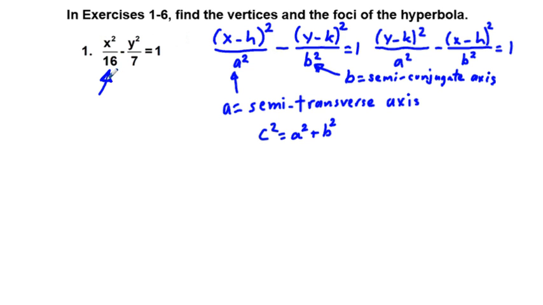And what that means for us is that we have a hyperbola that is centered at the origin. So in this case, our semi-transverse axis squared is equal to 16. So our semi-transverse axis is going to be the square root of 16, or 4.